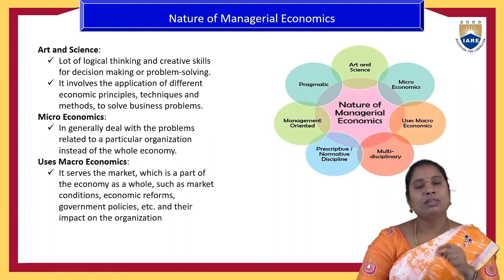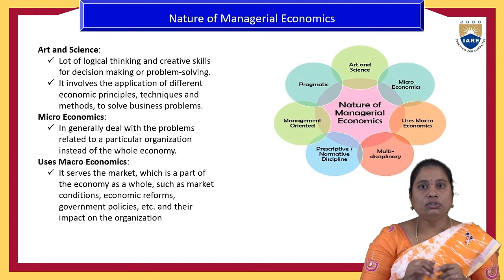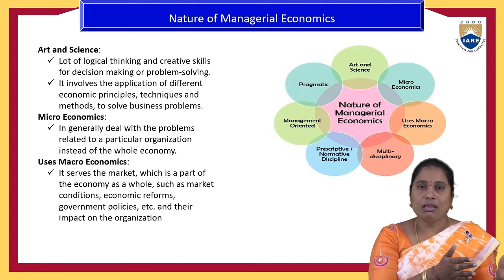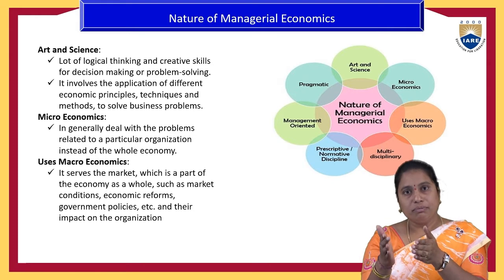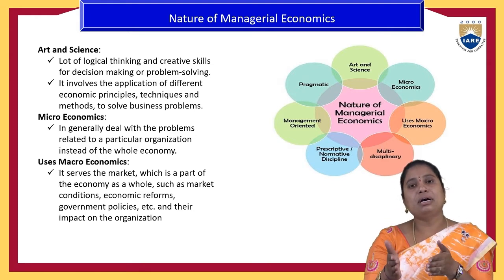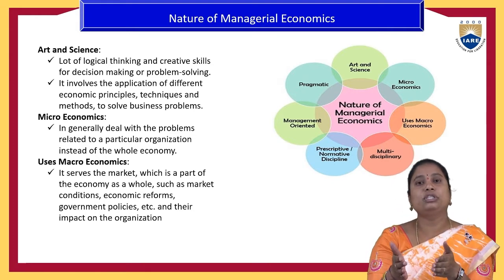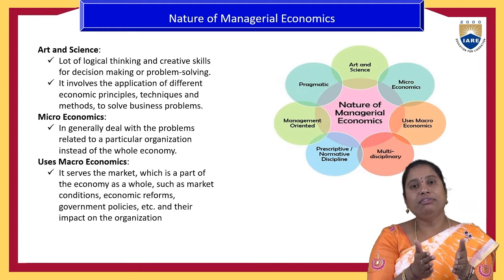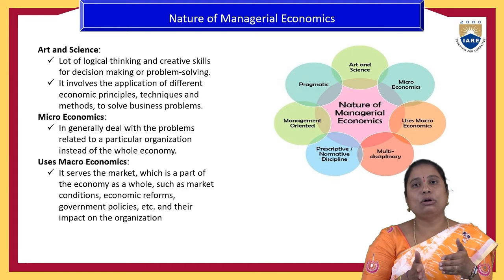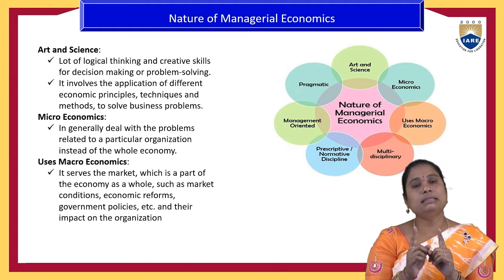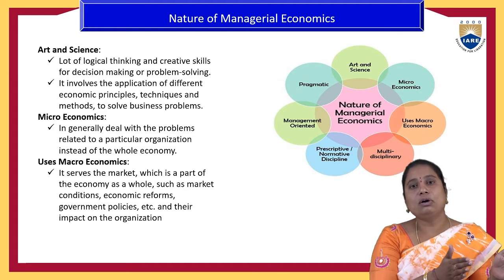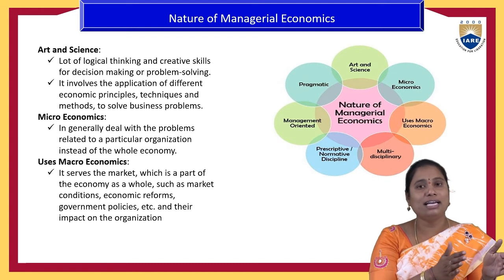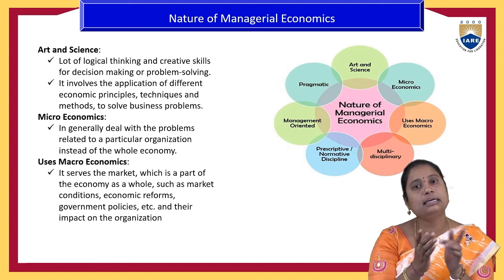For example, the manager is taking care of plant layout: where to store and keep the machineries, and after production where to keep the finished goods and packages, everything. If he is planning that, it is called plant layout. It is a part of the organizational element, but it is not the whole of the entire organization.